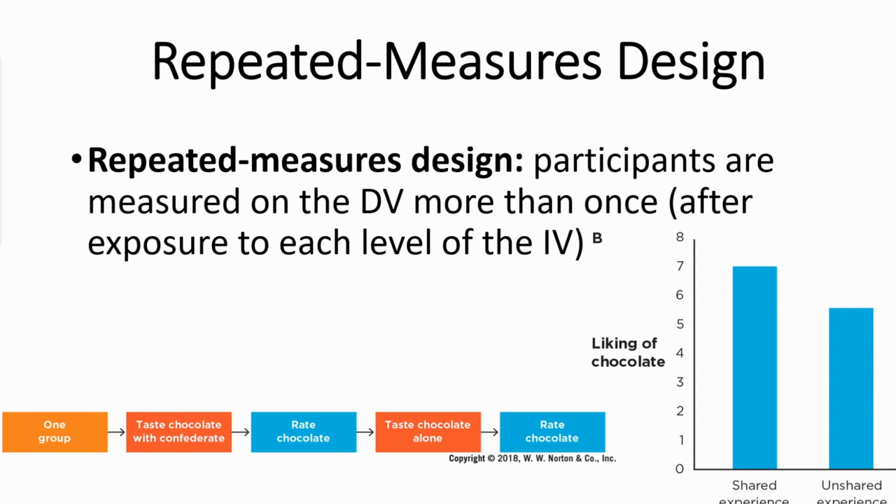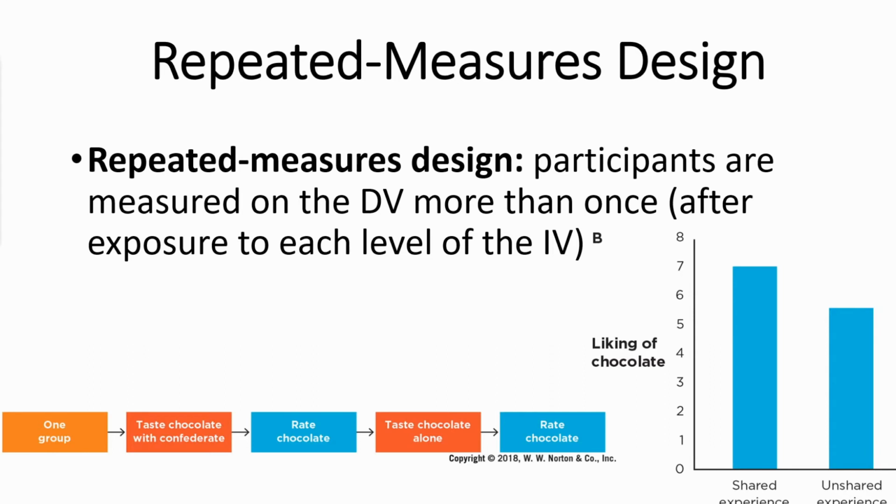So we can look at an experiment by Boothby and colleagues back in 2014, where they used a repeated measures design to look at whether shared experiences intensified that experience. So the idea here being, does having another person present make an experience more intense?